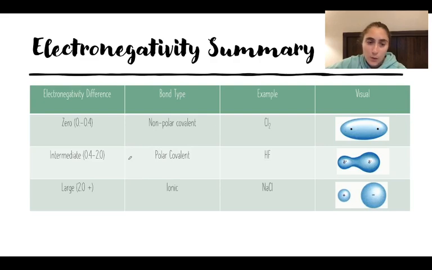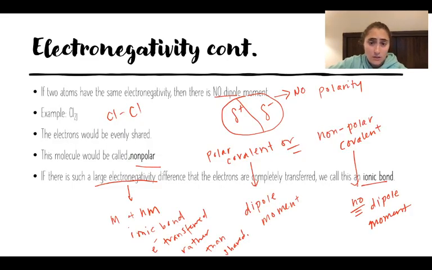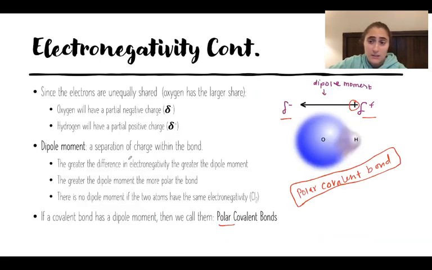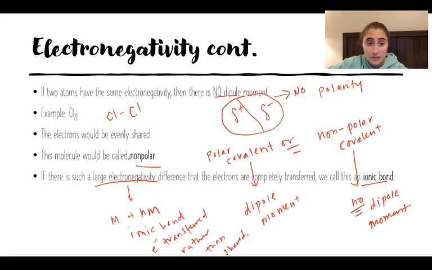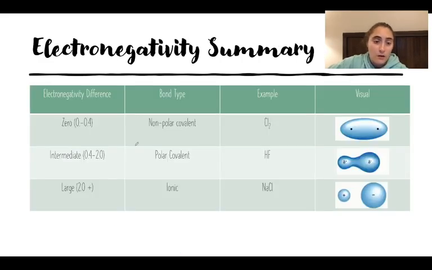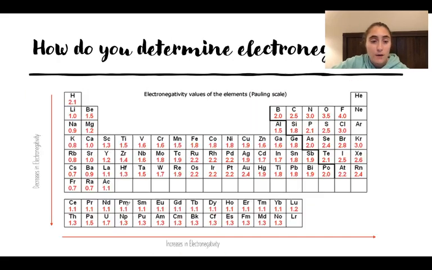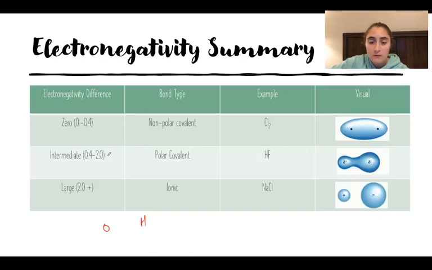So for this first part, let's say I want to know what the electronegativity difference is between oxygen and hydrogen. So if I want to know the difference between oxygen and hydrogen, I can go to my periodic table and I can say, okay, oxygen is 3.5 and hydrogen is 2.1.